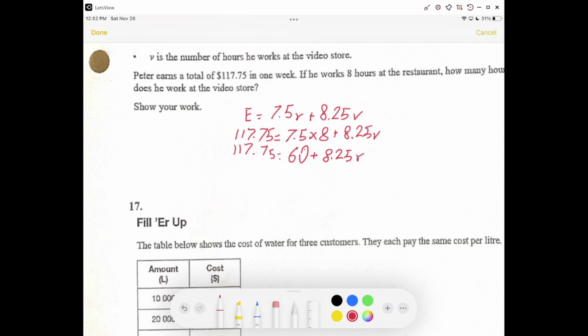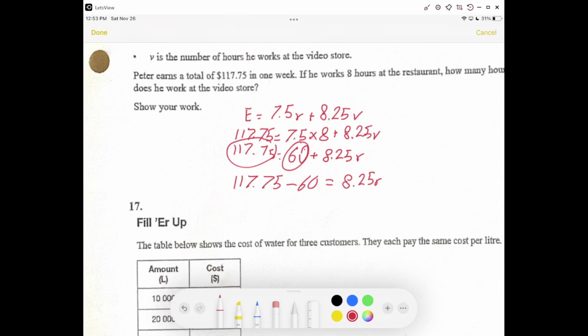V. Okay. Now what we're going to do is subtract this 60. We're going to bring it over here and subtract it. So 117.75 minus 60 is equal to 8.25V.